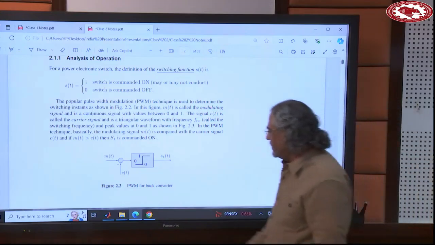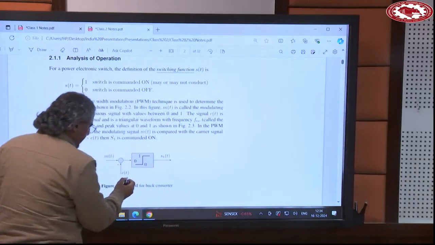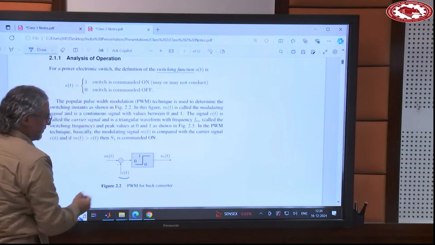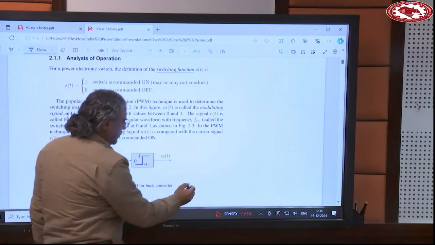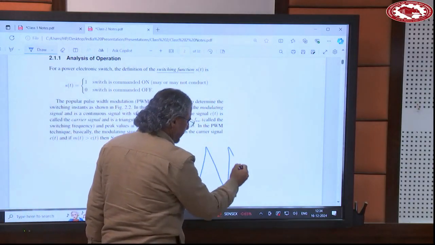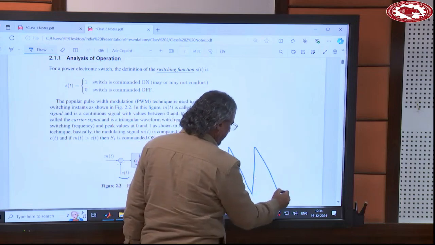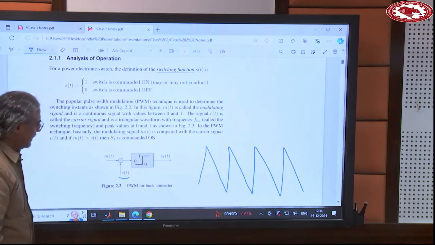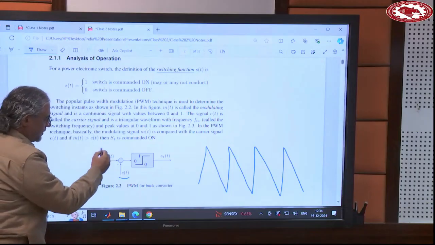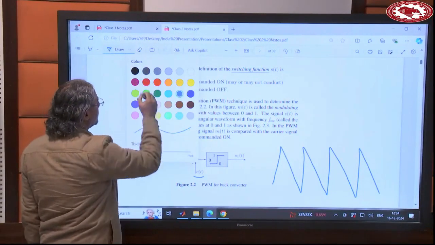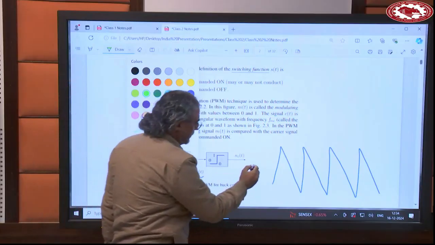The way that it works, basically, it has a signal here, we call it the carrier waveform. It's typically a triangular waveform with high frequency like that. And then we have a low frequency signal, the modulation waveform. So let's say this one.